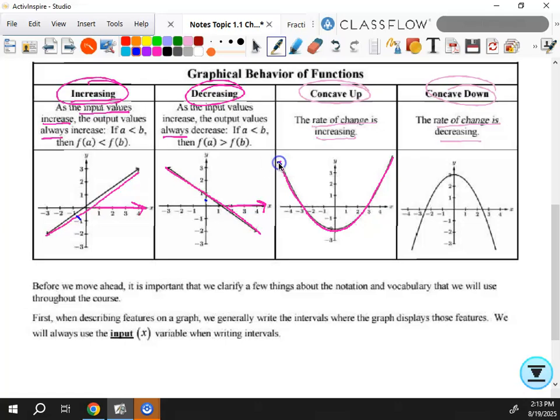So the rate of change of this, that kind of looks like a parabola, but we don't know if that's what it is, but it has that shape. If I would look for a rate of change at a single point, the rate of change at that point is different than the rate of change at the point right next to it and the point right next to it. So we start to look for rate of change at a point. For us to actually find that requires calculus. So I'm not going to be able to tell you the rate of change is blah, blah, blah.